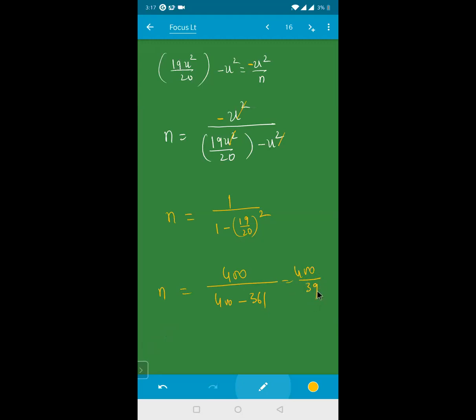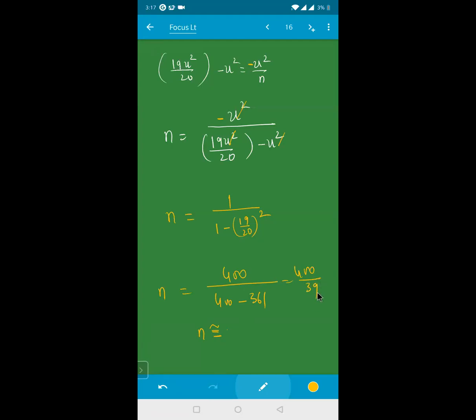Approximately I can take 10. Make 39 into 40. So 40 approximately, so n will become 10. I am writing approximately.